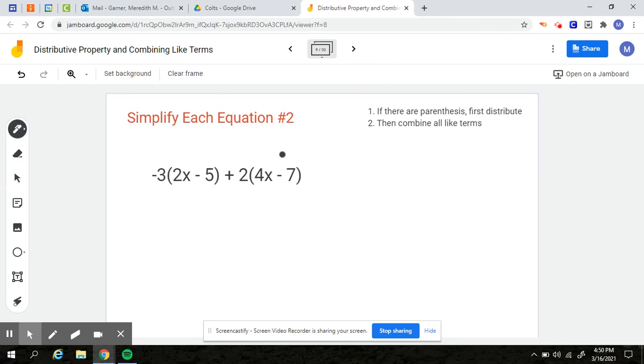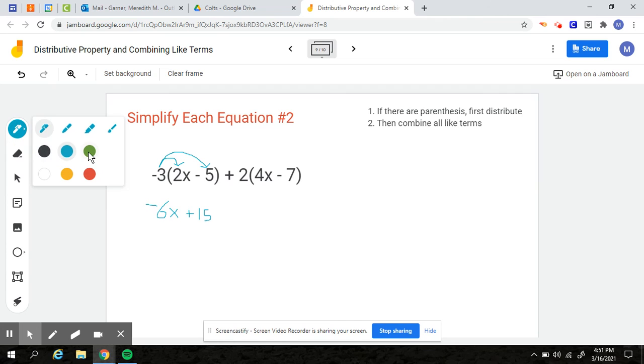All right, one more example here. Slide 9, we're going to do it the same way, which means first step has to be to distribute. So negative 3 times 2x is negative 6x. Negative 3 times negative 5, remember double negative makes positive, so plus 15.